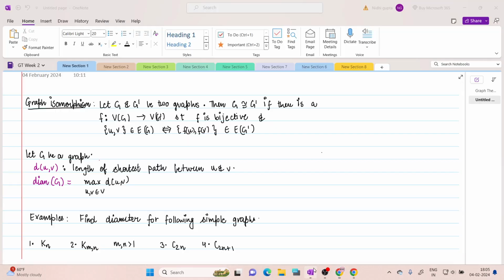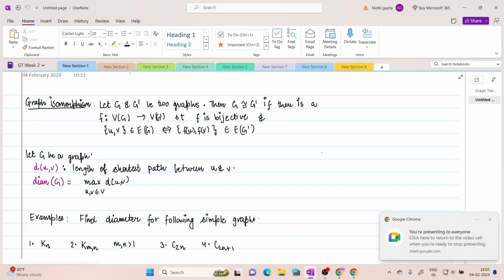Okay. We say two graphs are isomorphic if and only if we can find a function between vertices of G and vertices of G prime, which is a bijective function, plus UV is an edge of G if and only if f(U) and f(V) is an edge of G prime. So this is graph isomorphism, and we can see that if two graphs are isomorphic, they share many similar properties.